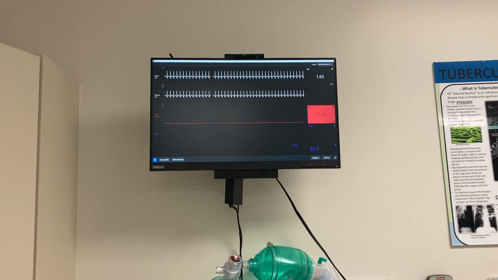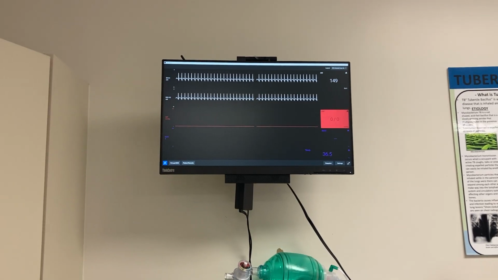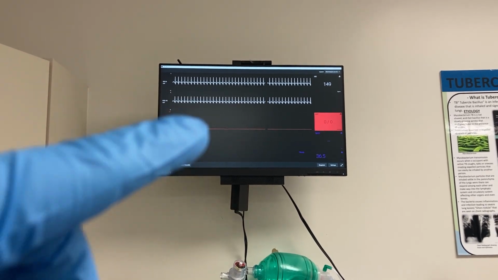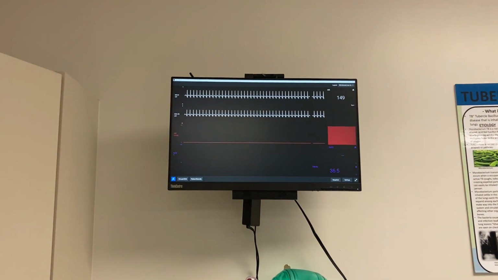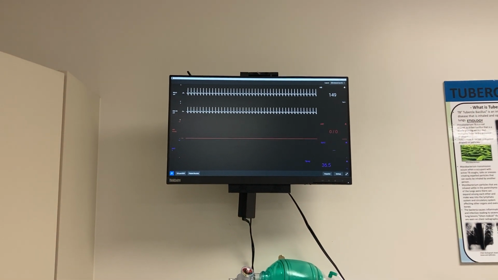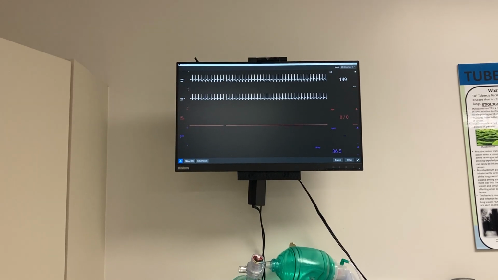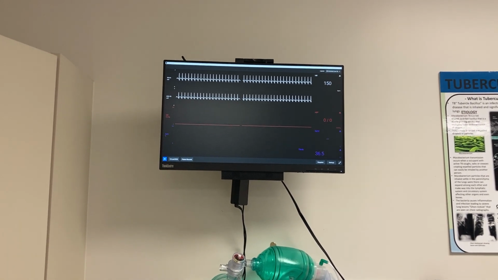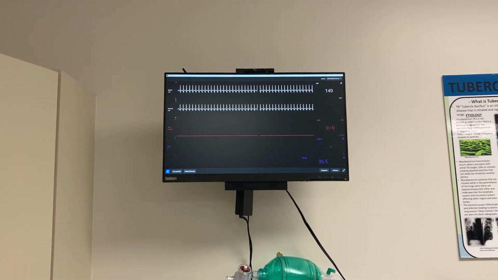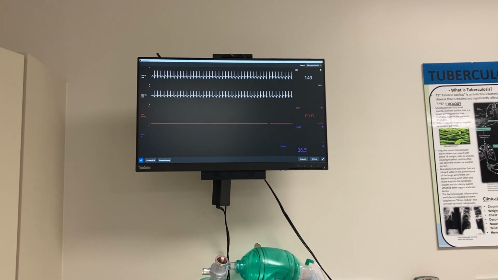Because of the training I had as a respiratory therapist, and because of actually placing arterial lines, I noticed that the arterial line waveform, the red line that you see there on the monitor, was flat. I understood that we could have been looking at PEA, pulseless electrical activity. And in that situation, for however long we had been doing what we were doing, they were not accurately treating PEA.